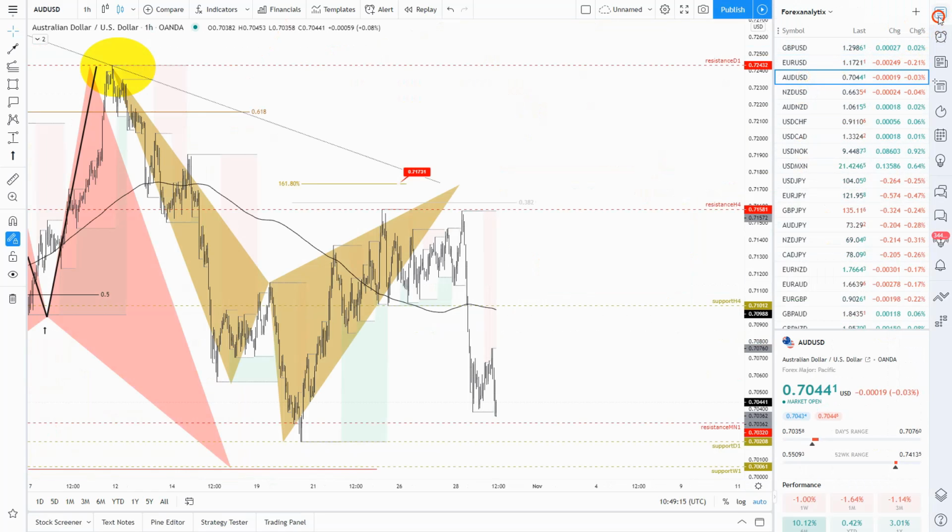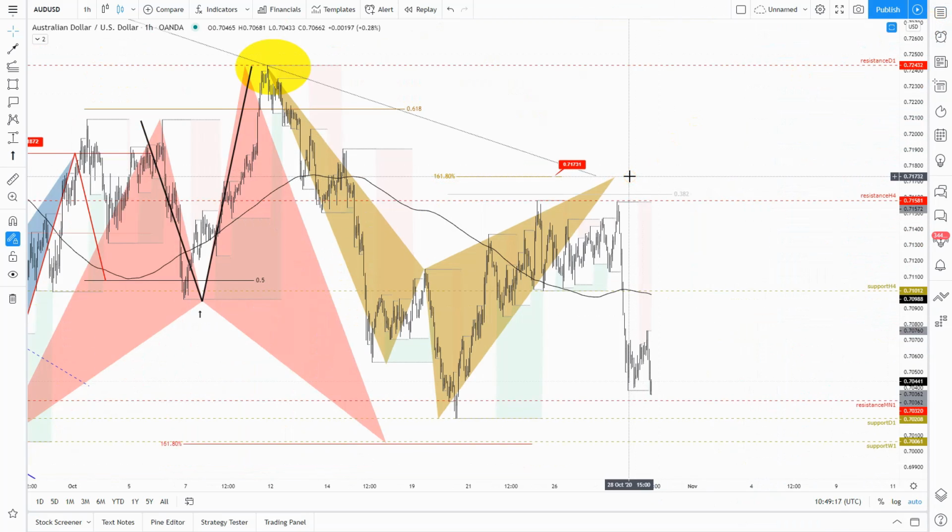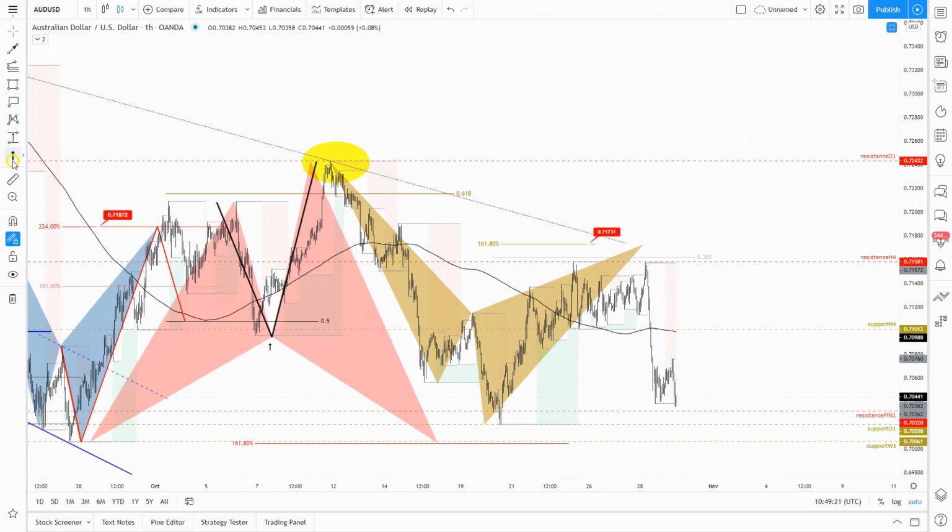Australian dollar, Aussie, I was expecting the bearish shark pattern at 168 extension, and let's take this example, another one. One first low, one false breakout below, the recover above the resistance. I will search for an extension of this very last swing low.